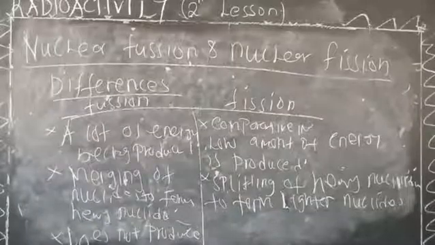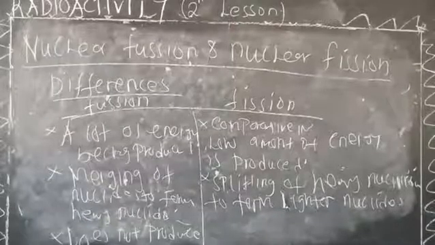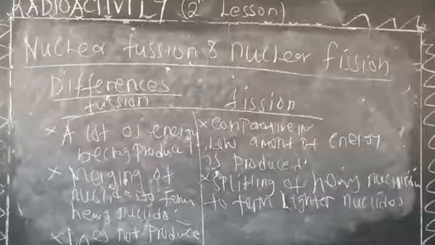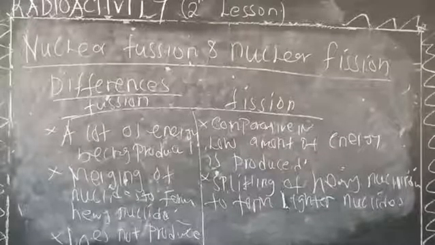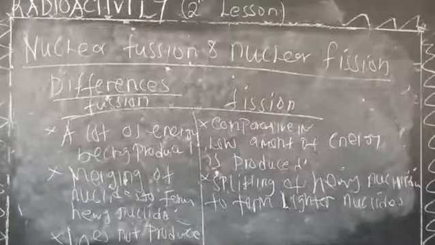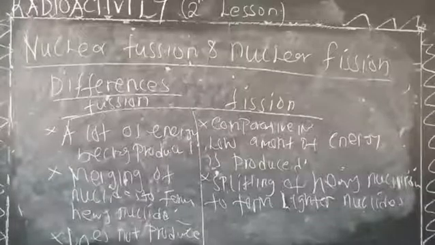But when we move to fission, it entails the release of harmful byproducts that take up to 1,000 years to be completely destroyed. So in this case, we can say that it is safer to work on fusion than on fission.